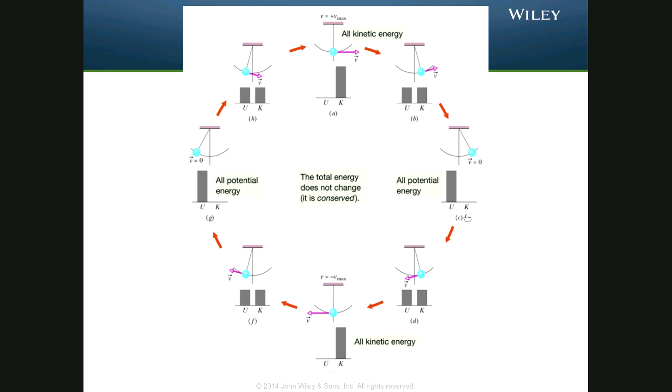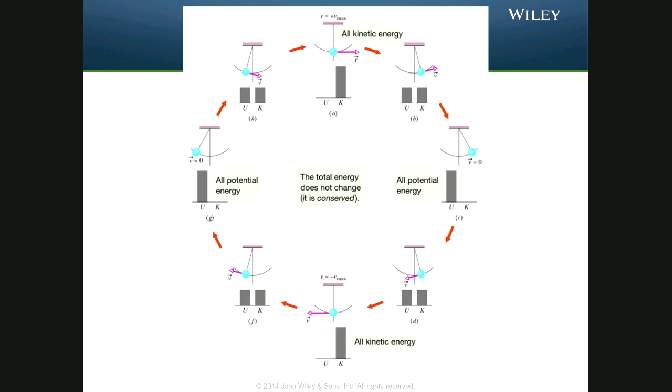Then it starts swinging again until it reaches the other position, and then goes back to the original. So it's that back and forth motion we just saw. Now when we start here, at the lowest point, where U is equal to 0, there's no potential energy.